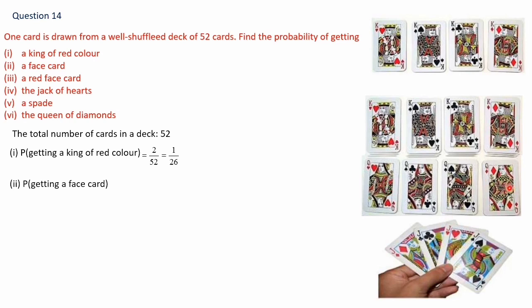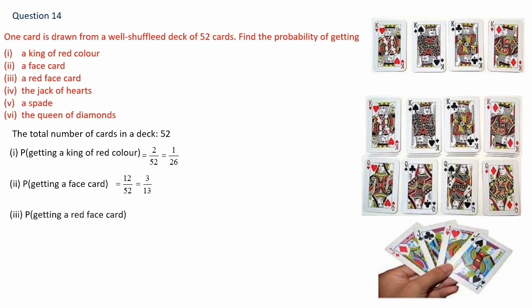We have discussed this very clearly in the previous slide, so please go through it if you have doubt. So the total of 12 face cards are there. 12 divided by the total number of outcomes 52. So 12 divided by 52. When we cancel with 4, 4 3s are 12, 4 13s are 52. So 13 is in the denominator and 3 is in the numerator: 3 by 13. What we have done is we have cancelled 4.